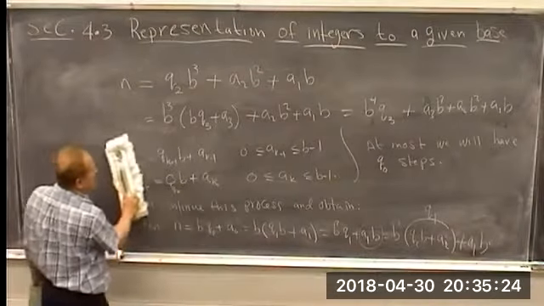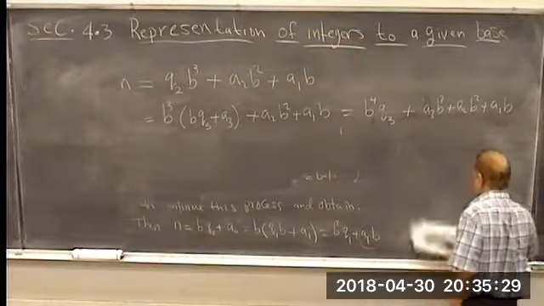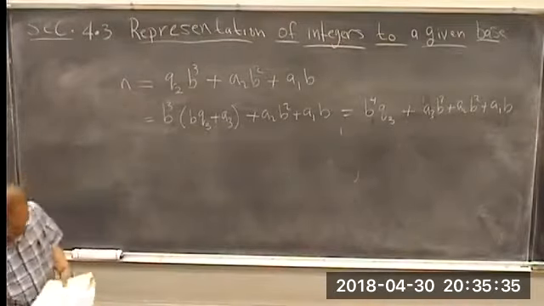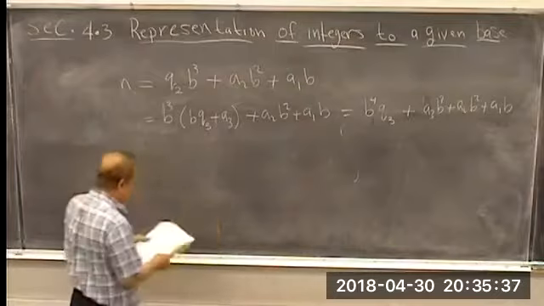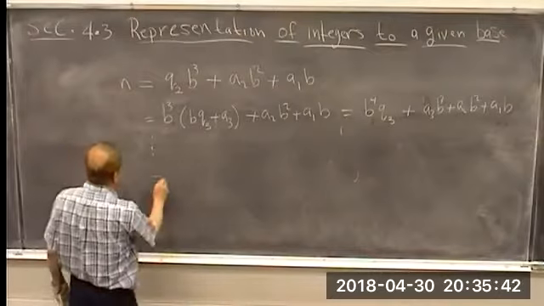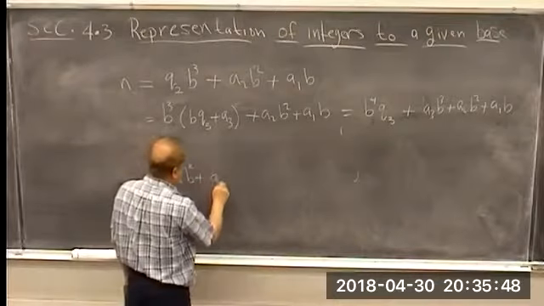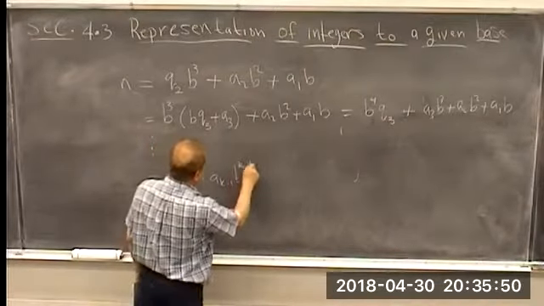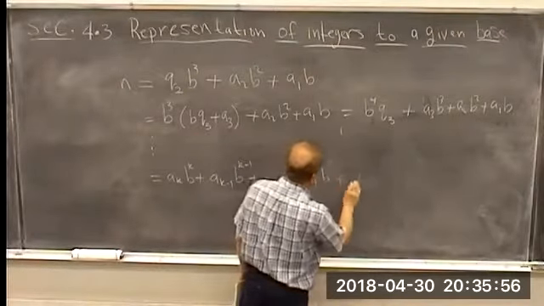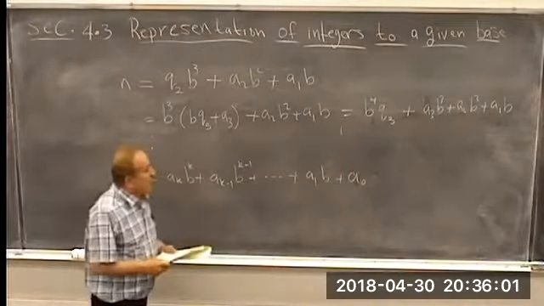and at the very end, we will get to the A to the K, and this is the final result that we get. So at the very end, we continue doing this, and we find this is A to the K, B to the K, plus A K minus 1, B K minus 1, up to A1 B plus A0.